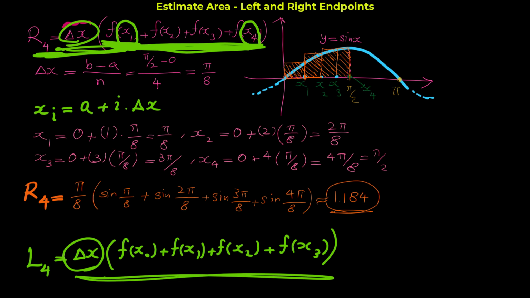But for the left endpoints, we always start from 0, and we continue up to n minus 1, which in this question is 4 minus 1, which is 3. So the only difference between right endpoints and left endpoints are the first point and the last point. When you use right endpoints, you start from x1 to x4. When you use left endpoints, you start from x0 up to x3.